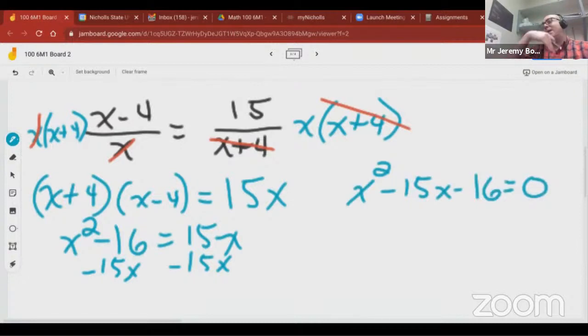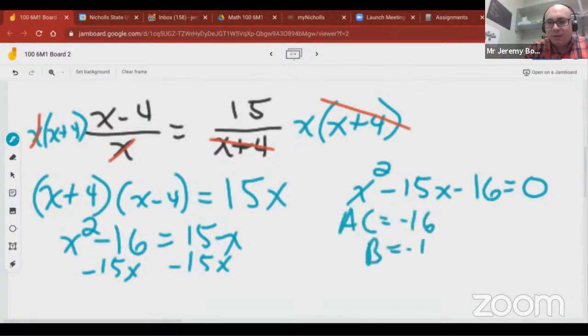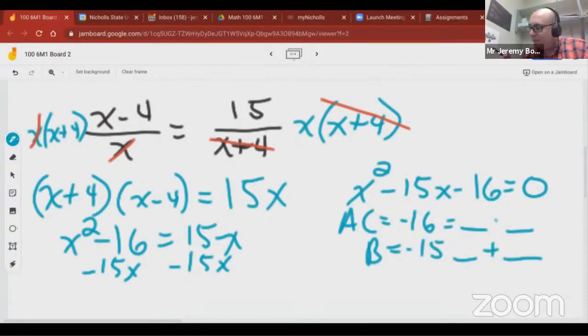Now it's in that ax squared plus bx plus c is equal to 0 form that we want. Let's see if we can factor it. So AC here is going to be negative 16. B is going to be negative 15. We need things that multiply to be negative 16, and things that add to be negative 15. For some reason, my brain wasn't thinking.